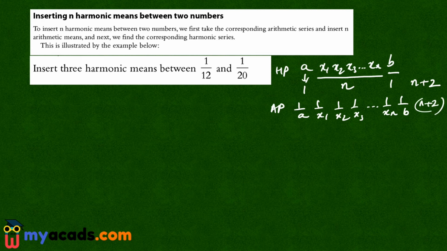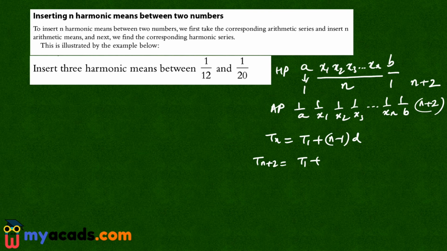Now I know the formula for the nth term of an AP, that is Tn equals first term plus n minus 1 into common difference D. So my Tn plus 2 is my last term.